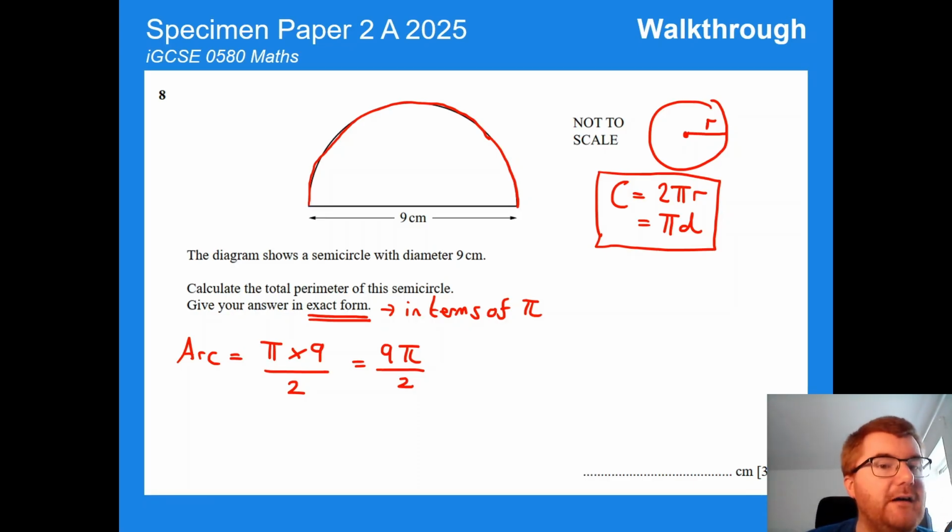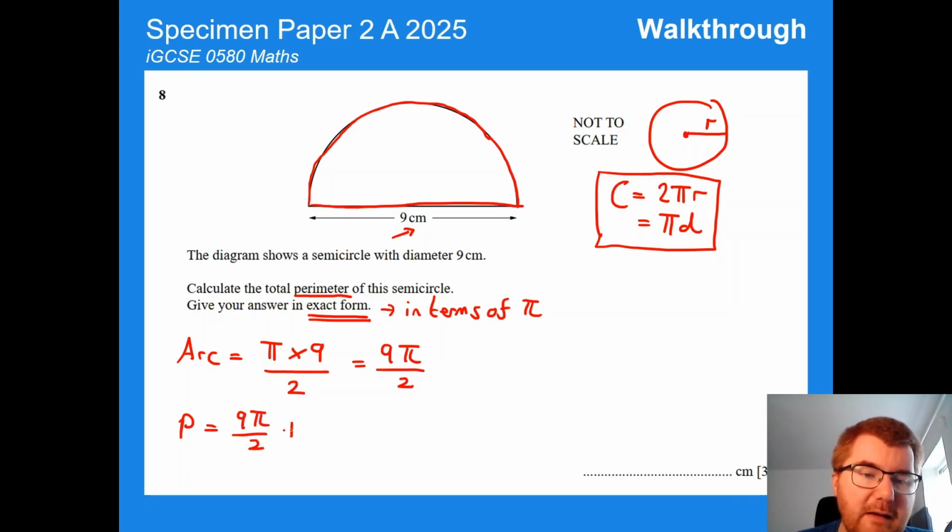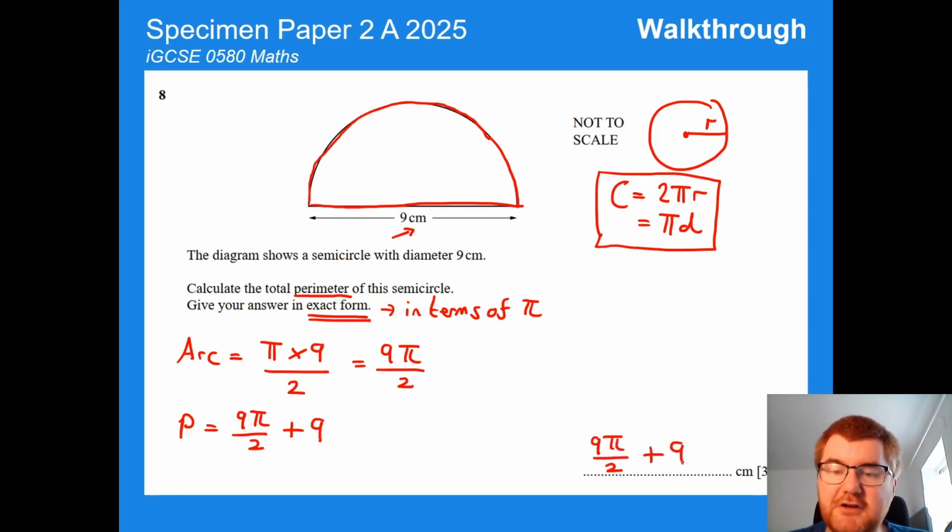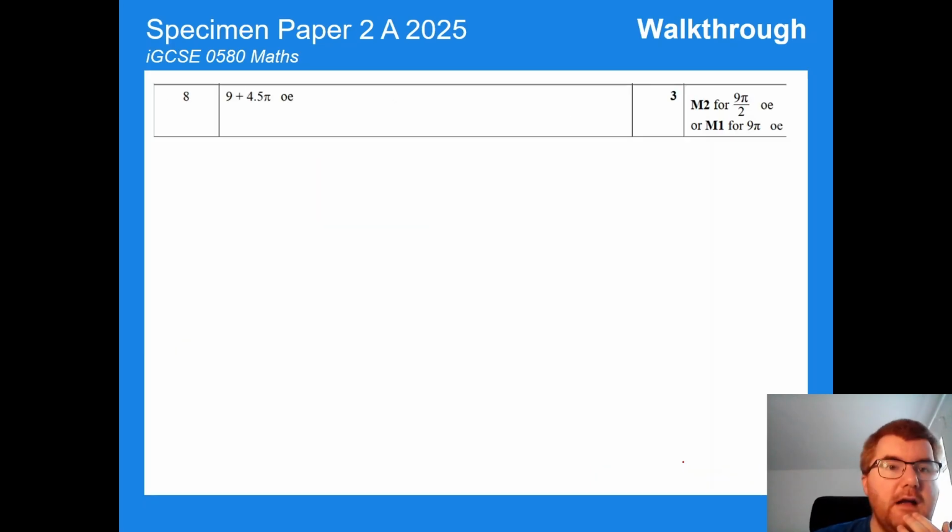However, this is not the final answer because we're looking for the perimeter. So we want to go all the way around the shape. So we also need to include the 9 here, this diameter as well. So for the perimeter, we take our answer, 9 pi over 2, and then we just add on 9. So our answer here, 9 pi over 2 plus 9. Again, you could do some factorizing here.